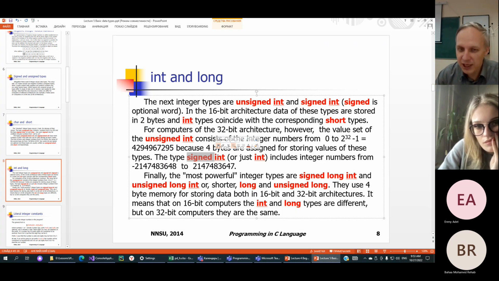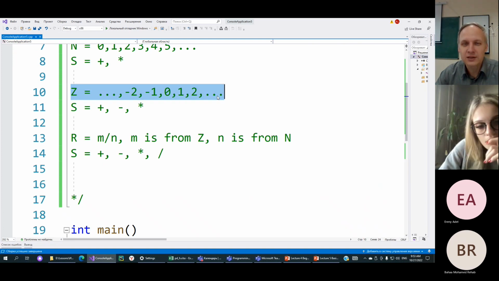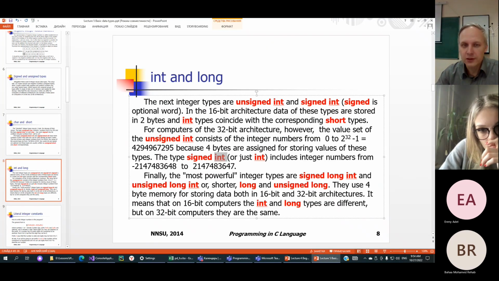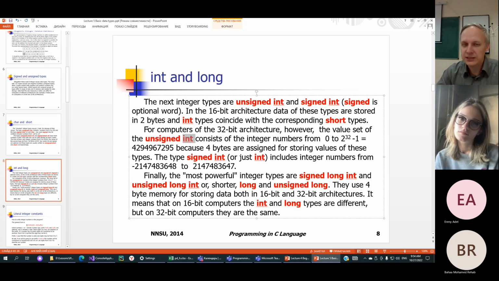The type int corresponds to the mathematical type Z. But I can write the special word unsigned before int. And in this case, this data type becomes only positive numbers, starting from 0.